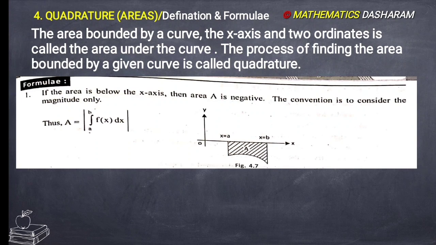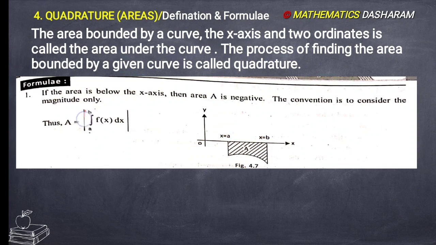Thus A, the area of that shaded region, is equal to the modulus of the integration from a to b of f of x dx. Actually this region is formed below the x-axis, so it is a negative area.